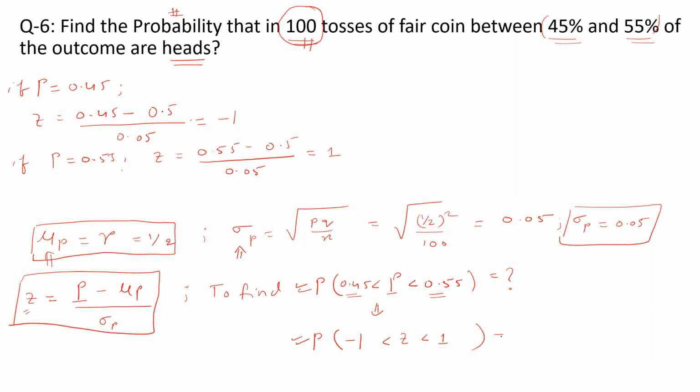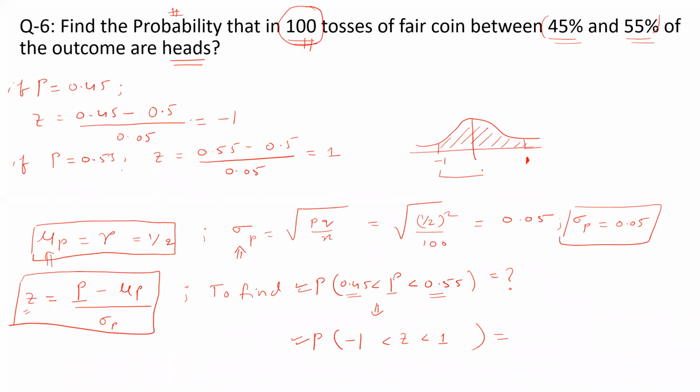To answer this question, you first have to plot and see which area you are dealing with. So when you roughly draw that, here it is minus 1, here it is 1. All right. So Z lies between minus 1 and 1. This particular area probability I want to find. So how will you find the area of this portion?